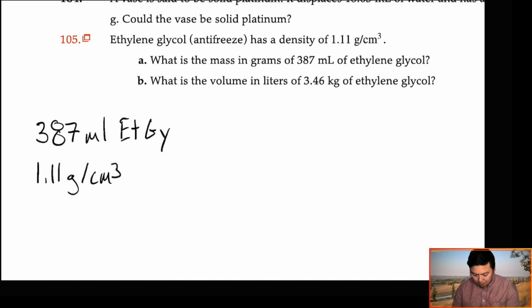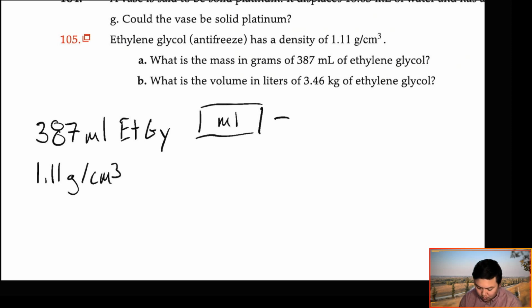And the key thing here is that we need to convert first our 387 milliliters, and we know 387 milliliters is a volume. So your first step would be to convert milliliters into the units for density here. So we'll convert milliliters into cubic centimeters.